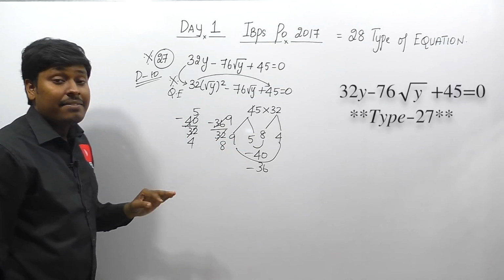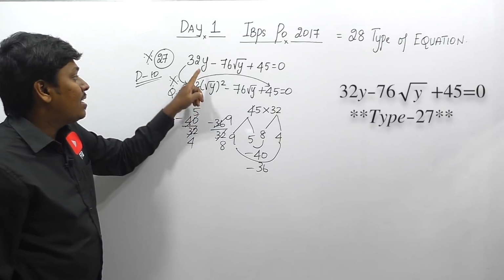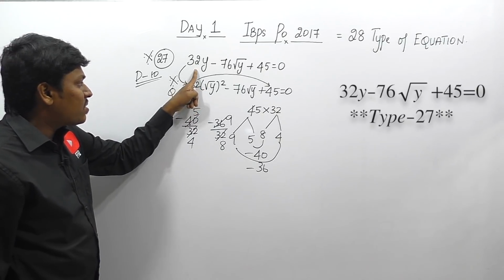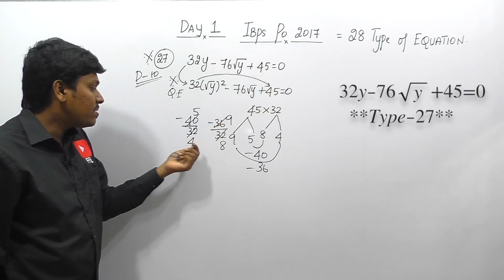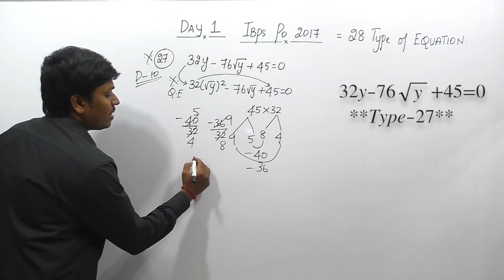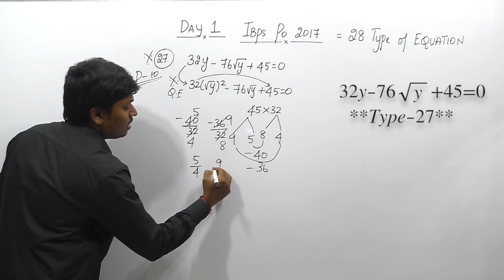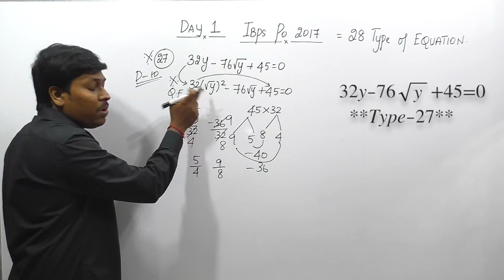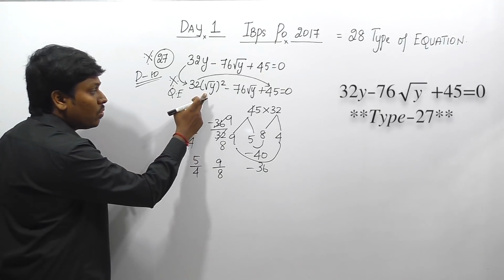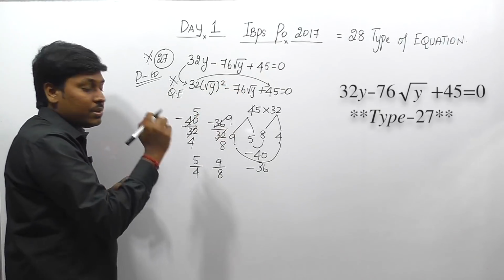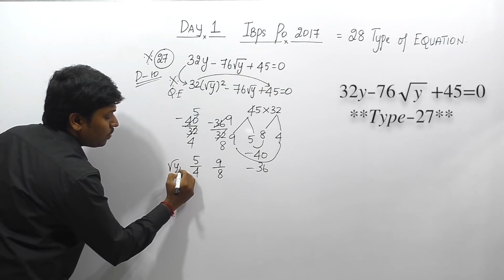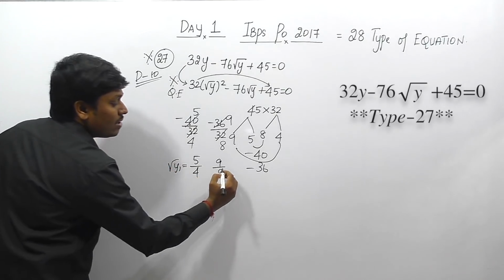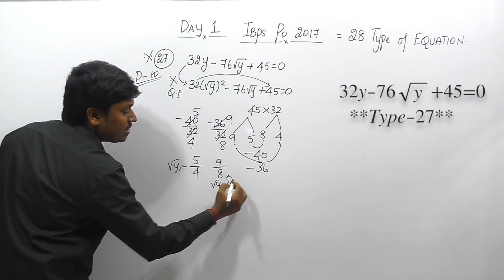So friends, listen carefully. In all the previous questions, the quadratic equation looks like x square, x and a constant. So we used to say the factors are 5 by 4 and 9 by 8, right? Usually this will be the factor. And here the value of y is inside the root, because it is root of y. So we need to take root of y1 is equal to 5 by 4 and root of y2 is equal to 9 by 8.